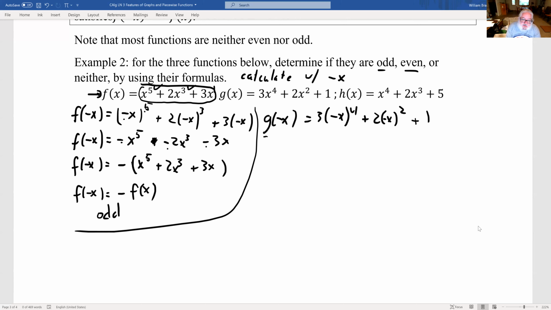What happens when you take a negative number and raise it to an even power? Well, the minus sign goes away. And now we have exactly this function. And so that's an even function.